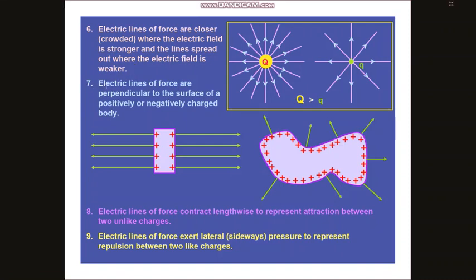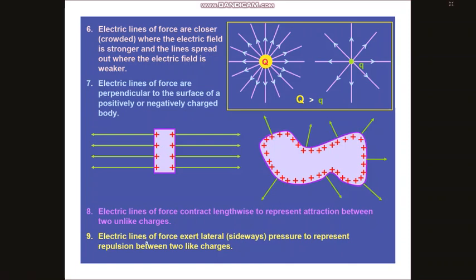Seventh, electric lines of force are perpendicular to the surface of a positively or negatively charged body. Eighth, electric lines of force contract lengthwise to represent attraction between two unlike charges.